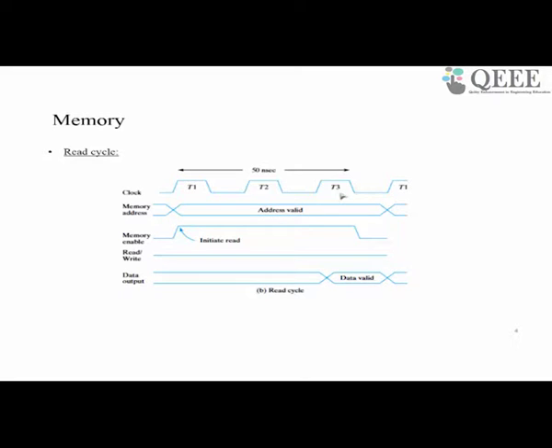Here we see how a read operation will go on. That we will see by using a timing diagram, and we call this the read cycle, and we will see it in terms of the basic clock that drives the processor.